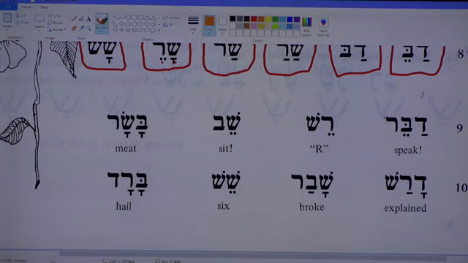This is that, again, this is speak, but it's also many other words if we drop the vowels off of it. It's another root. How do we pronounce that? Da, bear. Da, bear. And this is resh.